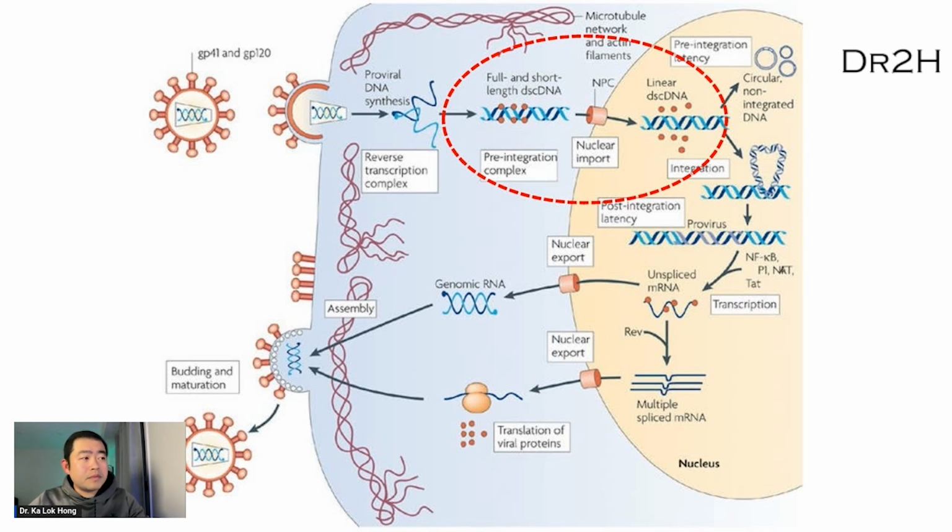So from this example, we have several key moments we need to identify. Number one, HIV RNA does not enter the cell nucleus, and RNA must be reverse transcribed into DNA before entering the nucleus. And the viral enzyme integrase is crucial for DNA integration.